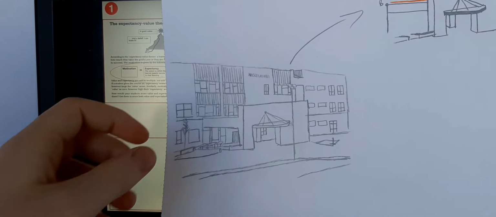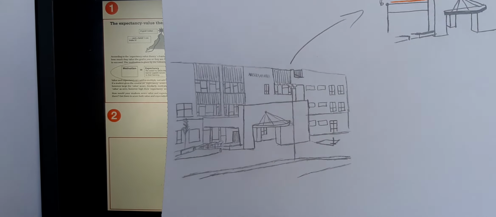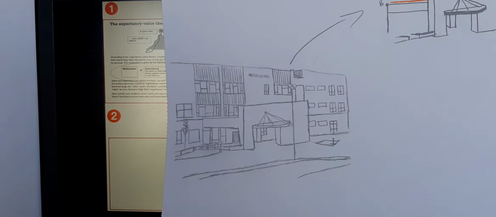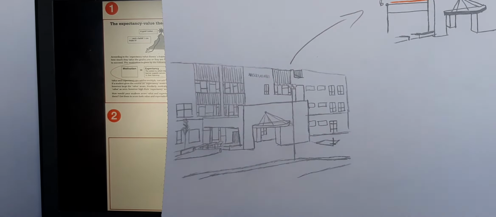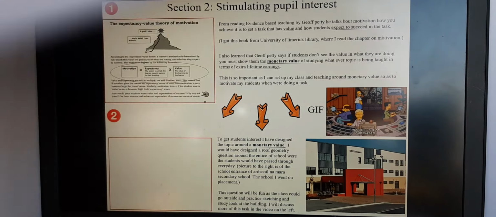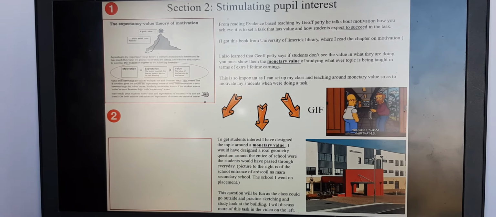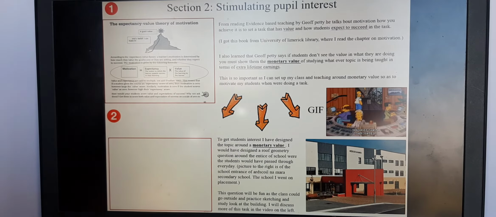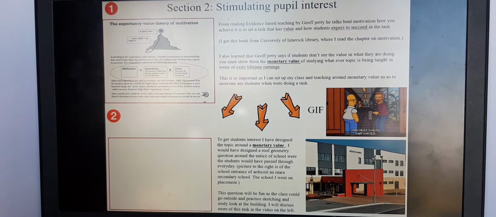So this is the sketch of the building. My task would be for students to go outside, and this is similar to the last video in section 1. I want all my sections to be somewhat interlinked.